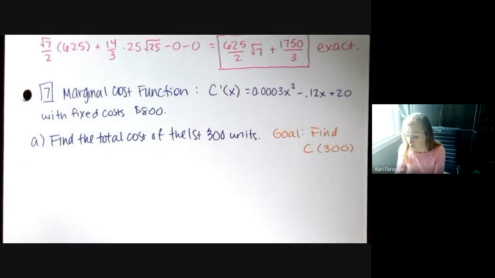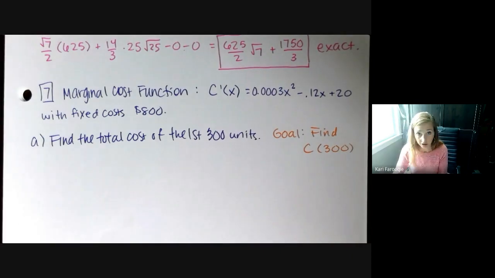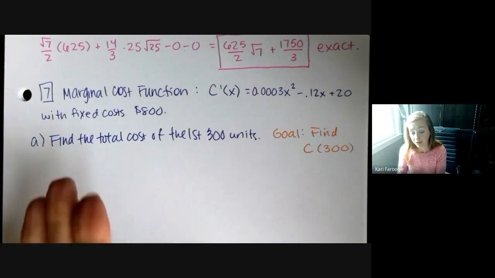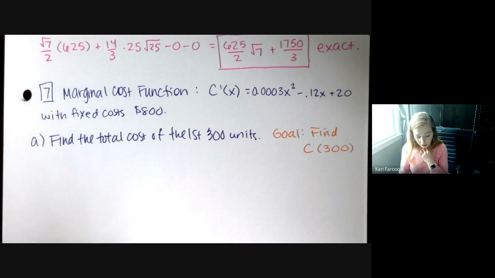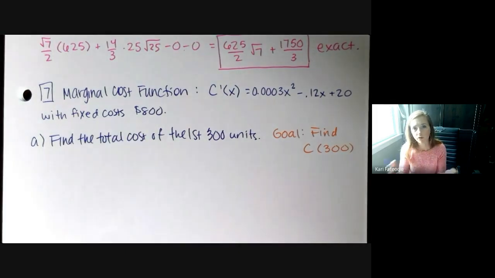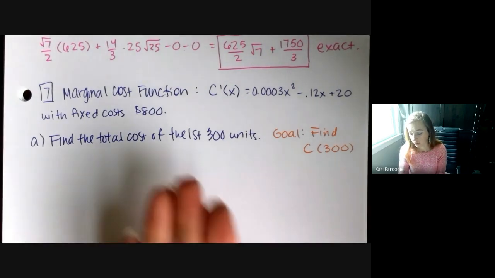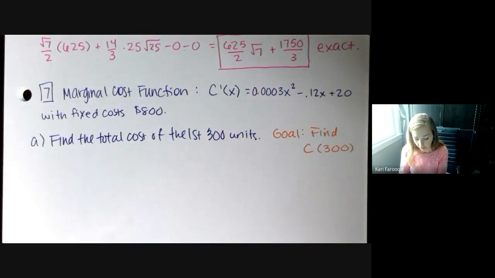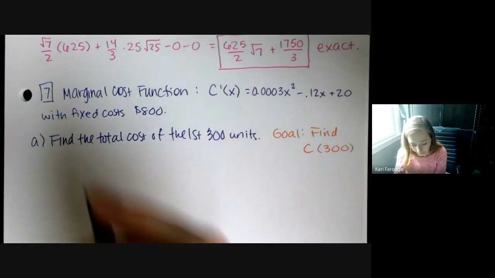So remember, the total cost is just C. Now I'm going to integrate the marginal cost here to get back to a function C. I need to find C of X before I can find C of 300. In order to do that, I'm going to integrate, and then I'm going to use the idea of the initial value problem to find the value of C with a fixed cost of $800. And then we'll bring this back to the FTC in part B.